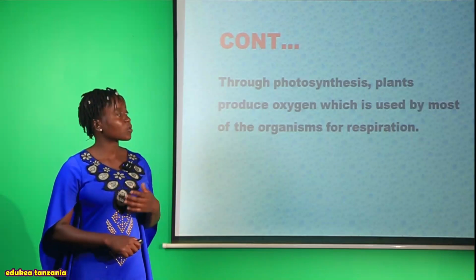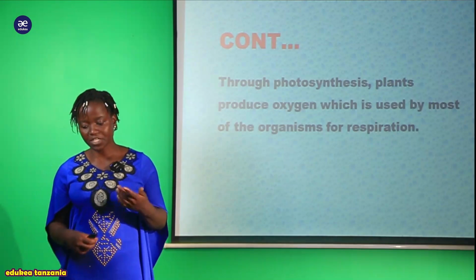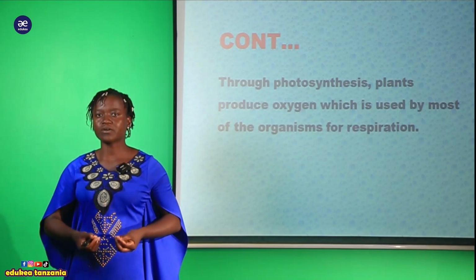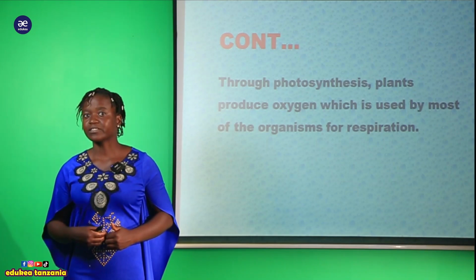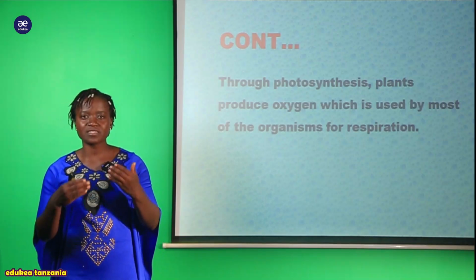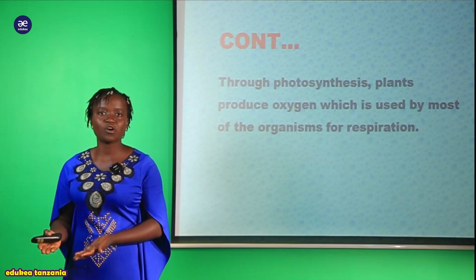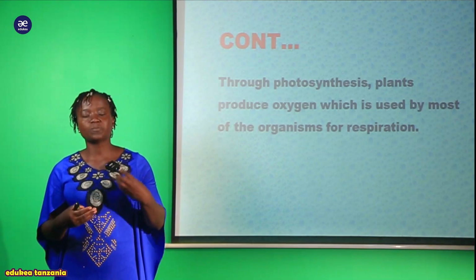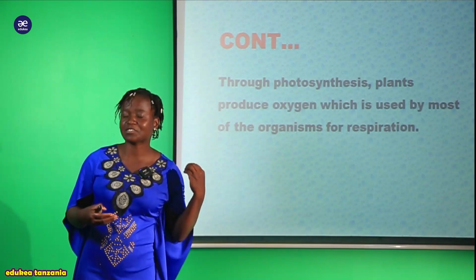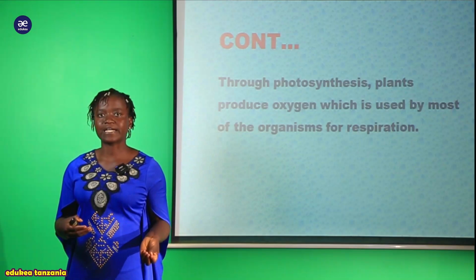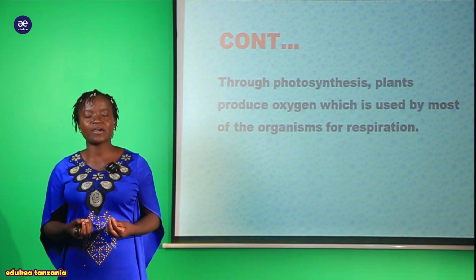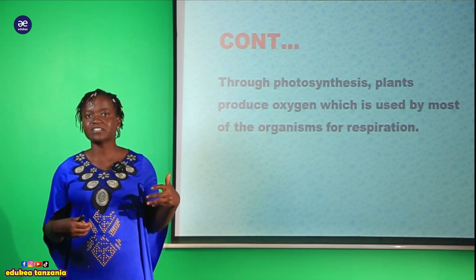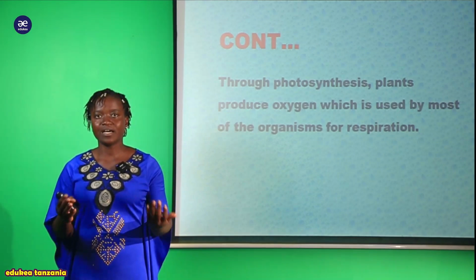Kwa hiyo tunasema kwamba kutokana na process ya photosynthesis inayo take place inasaidia kureduce the presence of carbon dioxide within the environment, kwa sababu carbon dioxide within the environment inaleta global warming, joto linazidi kwenye our earth. Kwa hiyo sasa due to the presence of this organism which are plant, wanatumia ile carbon dioxide kwa ajili ya kuzalisha chakula. So now you can see this organism, they are very beneficial in our earth.